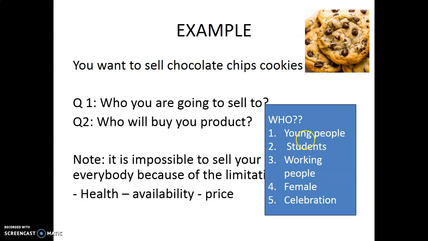Or maybe female, people say female love munching. Or it's for celebration, or the festive season, like Hari Raya, Deepavali, or Chinese New Year, where you buy in a big amount to give to your guests when they come to your house. So it depends. You are going to sell to these 5 people.